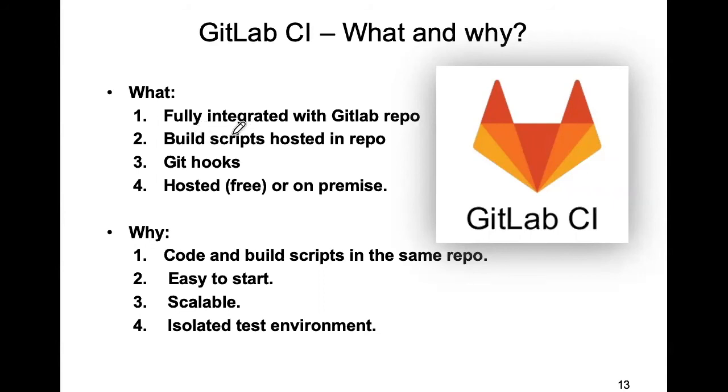And the script is actually just code. Well, sorry, it's a file. It turns out to be a YAML file, but it's a file that will be part of the repo. So it will be subject to Git kind of management, if you like, Git version control.